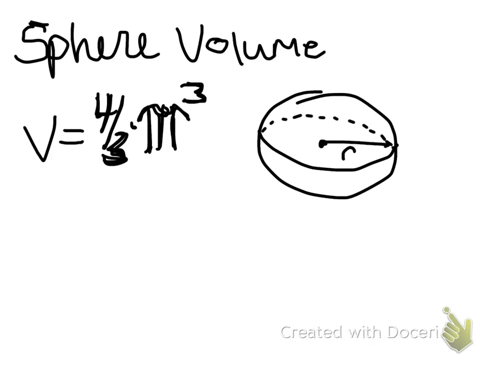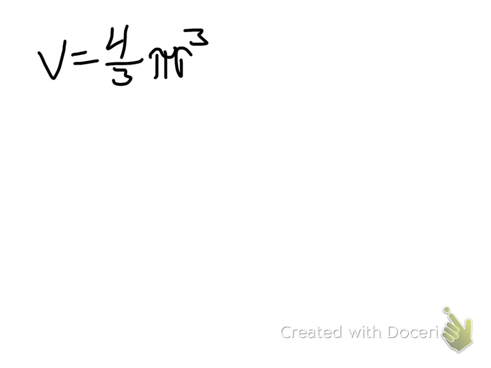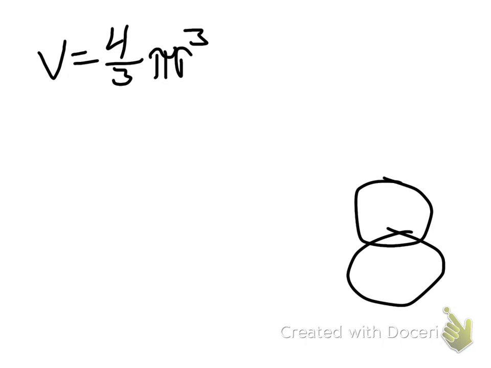So let's do an example with this, practicing. Let's write out our formula again, 4/3 pi r cubed. So say we have a snowman, and we want to find the volume of this bottom sphere.